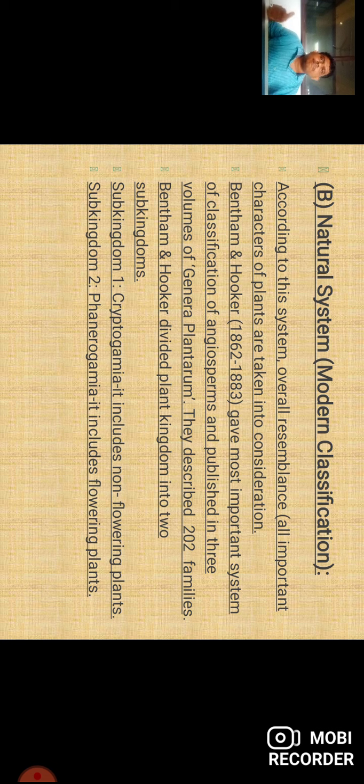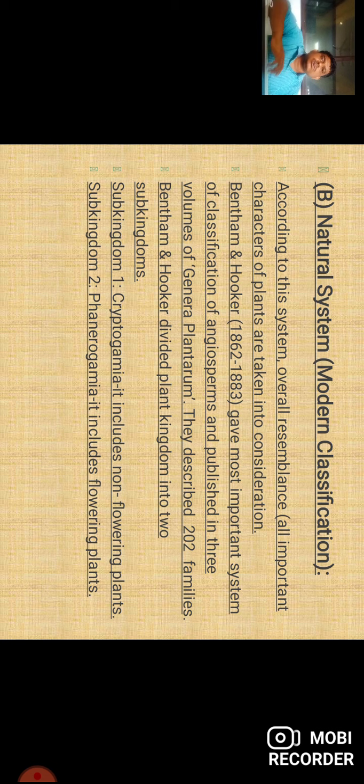In this system, Bentham and Hooker, in 1862 to 1883, gave a most important system of classification of angiosperms and published their three volumes, the Genera Plantarum. They described a total of 202 families.